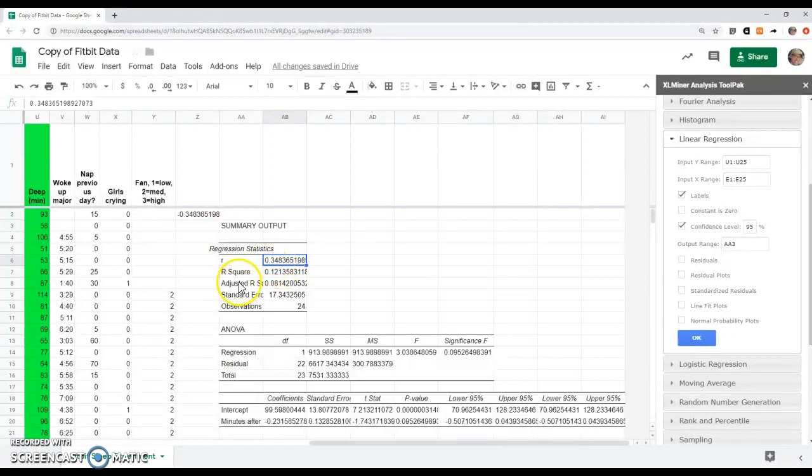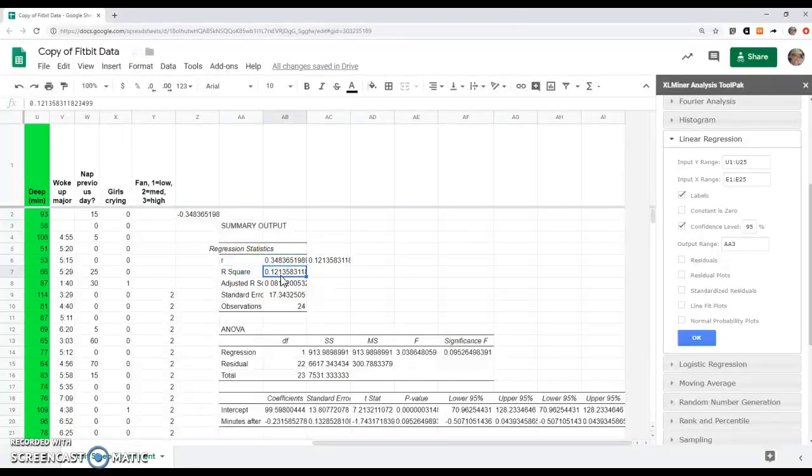So you always need to look at the direction of the trend line in order to know what sign your correlation coefficient is. If I were to square that, and let me go ahead and do that, equals, I'm going to take this number, multiply it by itself. I should get the next value in the chart, which is r-squared. It literally means you're taking the r, multiplying it by itself.